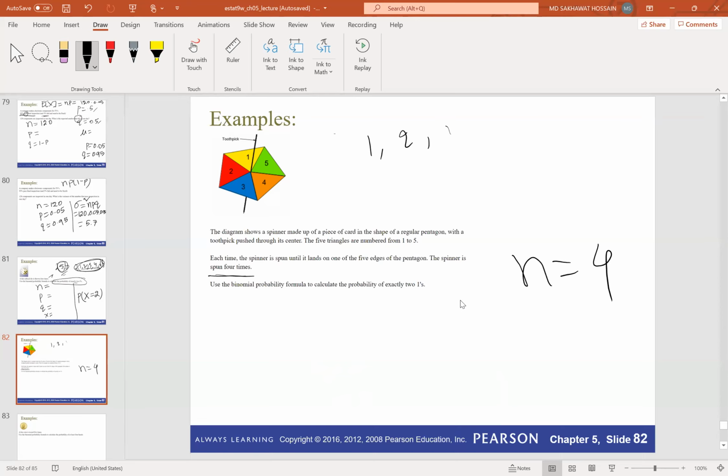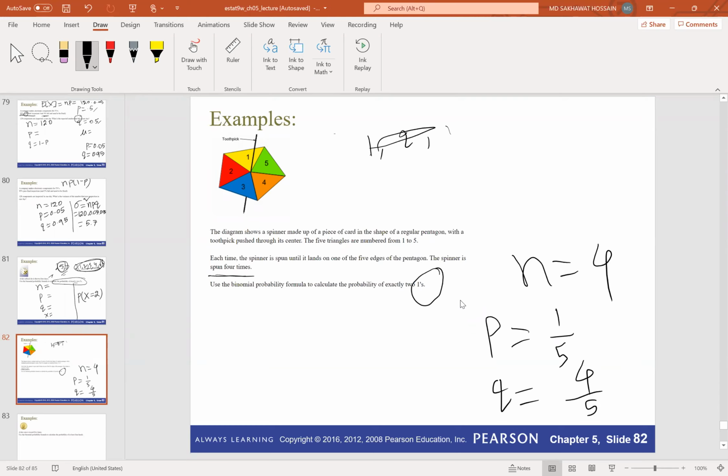Use the binomial probability formula to calculate the probability of exactly 2 ones. So here we are interested in the outcome 1. So that means the probability of success P is equal to 1/5 and Q is 4/5.